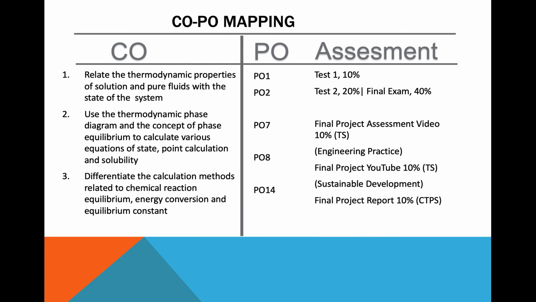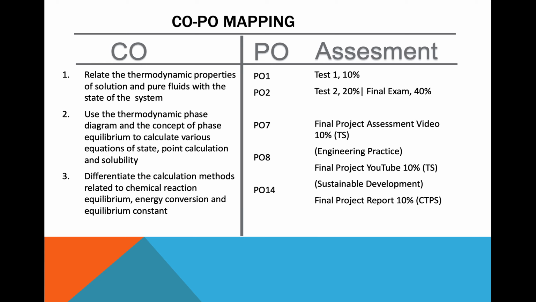So basically, you just have to record and document every single moment that portrays your teamwork, especially in regards to the engineering practice. Okay, and next is PO8, which is the final project YouTube.